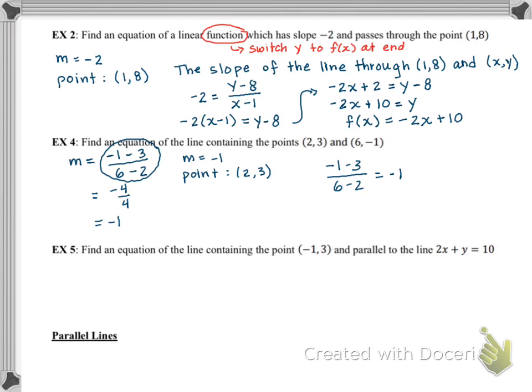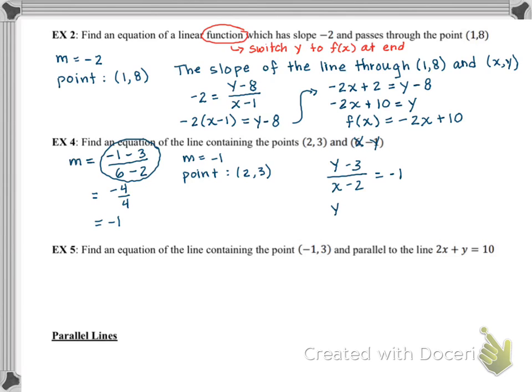And then just replace the negative 1 and the 6 with your x and y. So that negative 1 was the y value of my second point, and the 6 was the x value of my second point. So I just turn this point into x y. And now I have it set up exactly how I want it, and I can clear fractions.